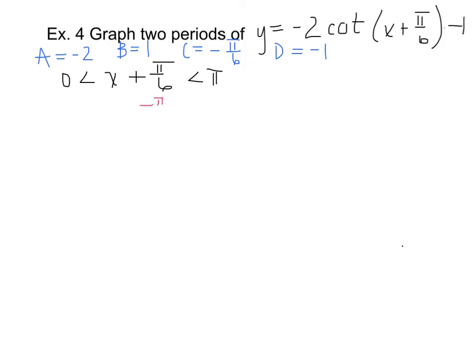So I'm going to subtract pi over 6 from both sides. So on the left, I get negative pi over 6. But on the right, I have to change this to 6. 6 pi over 6 minus 1 pi over 6 gives me 5 pi over 6.